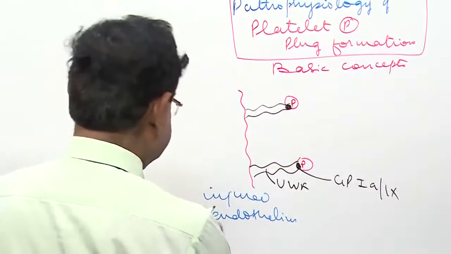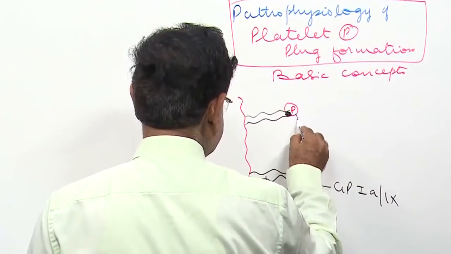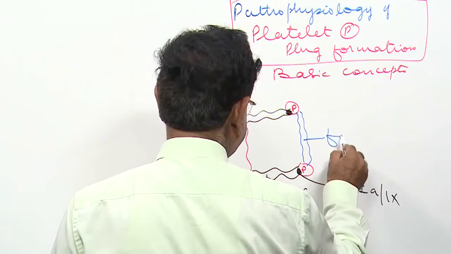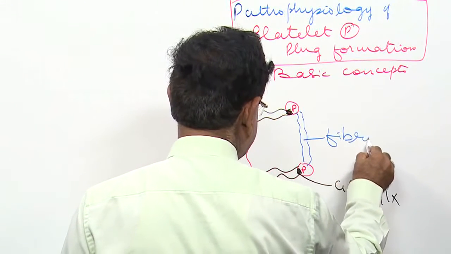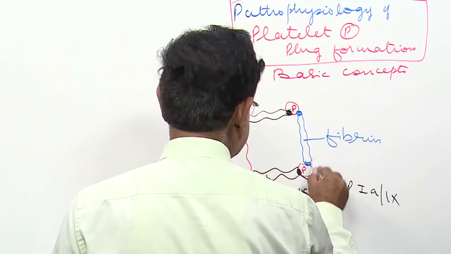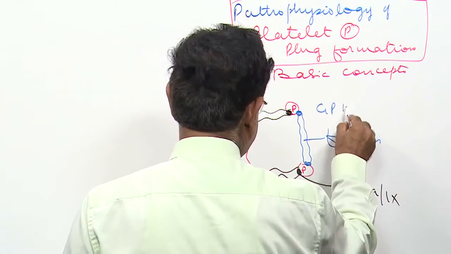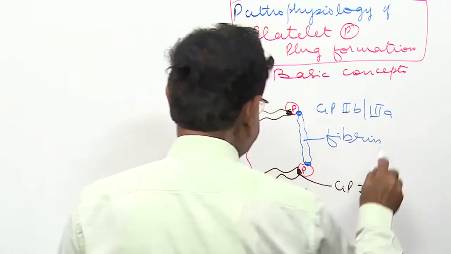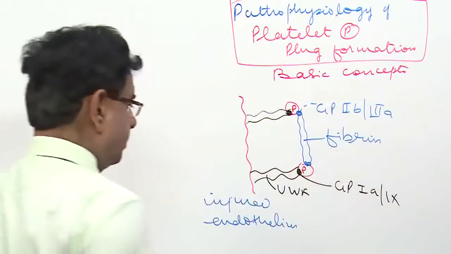Now they are attached. These two platelets are attached to each other via fibrin, and they are attached via the GP2B3A receptor. Got it?